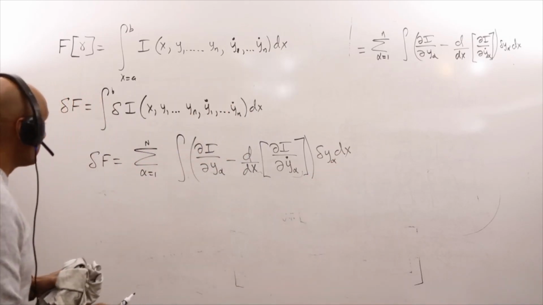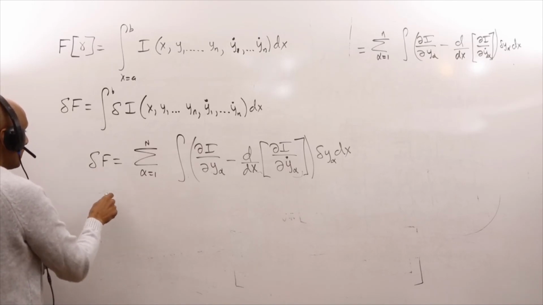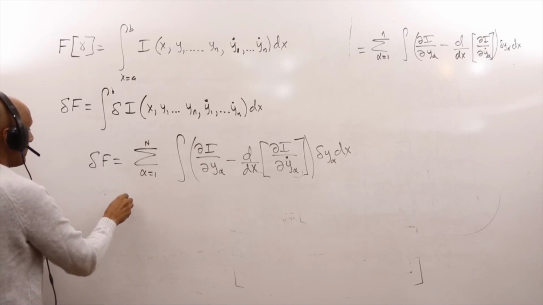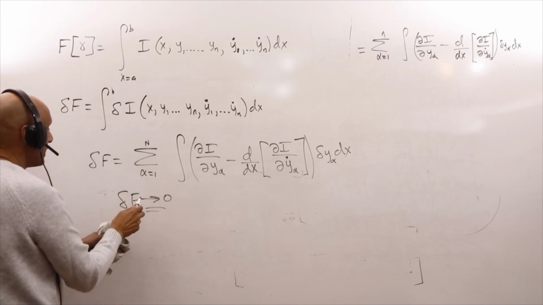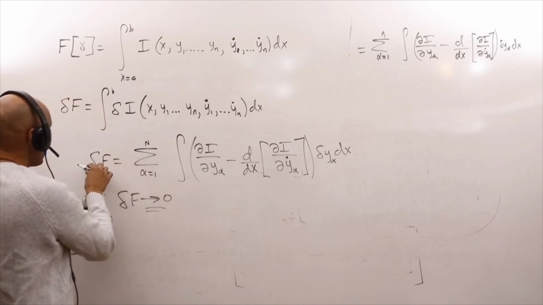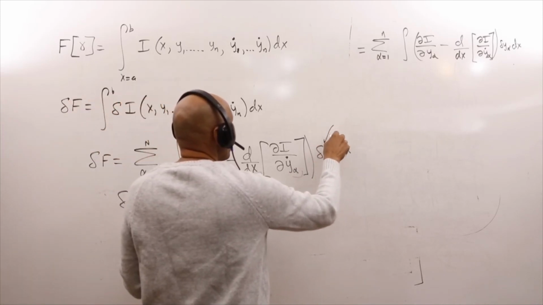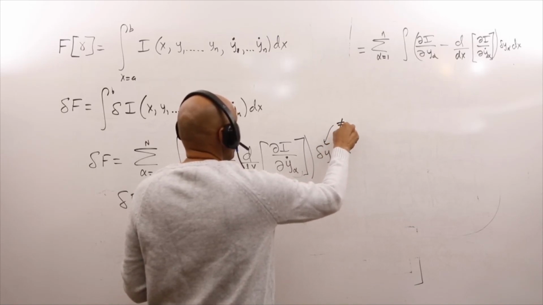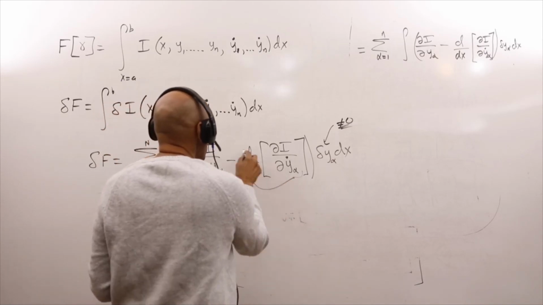So you're summing up these integrals for all variations. And so when is the variation 0? For critical curves, or critical paths, it is when the variation of f approaches 0. Then how can this be 0? Well, the variation of the curves generally is not equal to 0. So the only way this is possible is if the integrand is 0.